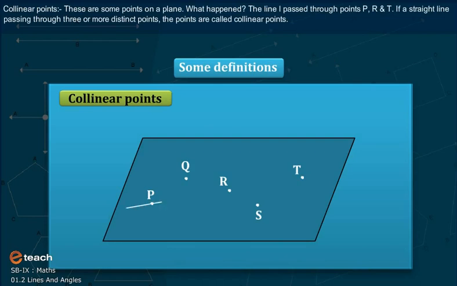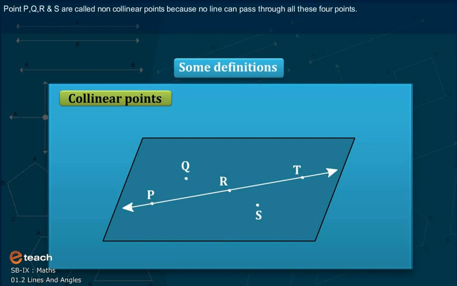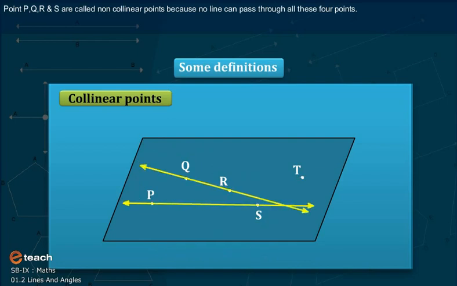The line 1 passed through points P, R and T. If a straight line passes through 3 or more distinct points, the points are called collinear points. Points P, Q, R and S are called non-collinear points because no line can pass through all these 4 points.